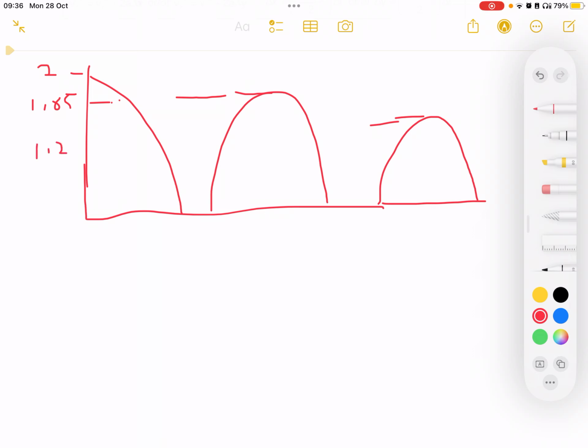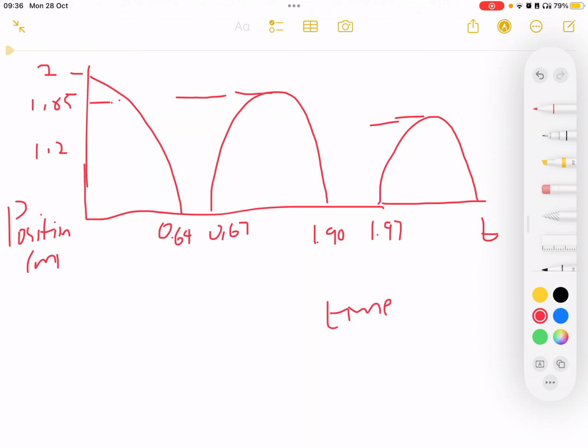And at this point here it's 0.64, and here 0.67, here 1.90, and here 1.97. This axis is position in meters, that is x, and time in seconds.